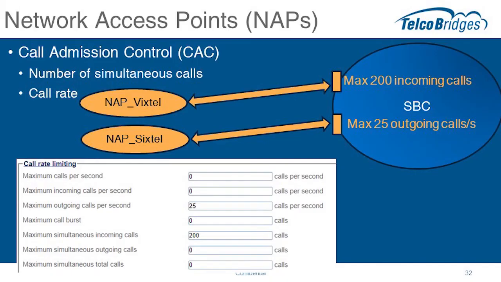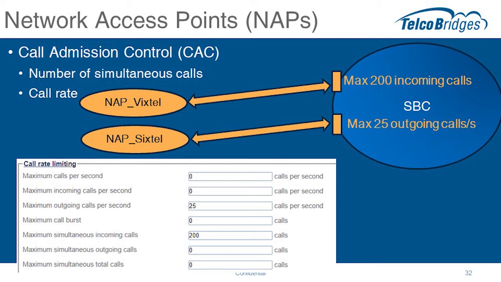Okay, so I've shown this before, but I just want to show you the configuration. This is also in the network access point configuration. So you can say, let's say, maximum simultaneous incoming calls 200. So when you reach 201, it's going to be refused with a specific error code, I'm not sure which.